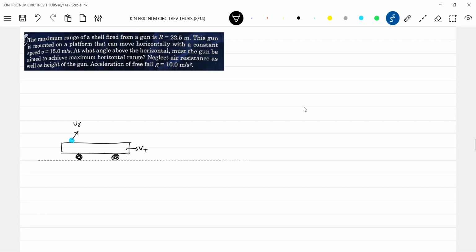I think there are two different things here. On the ground, when I fire it, this gun is going to have maximum range, and I'll call this maximum range R max, or R with respect to ground. This value is 22.5 meter.